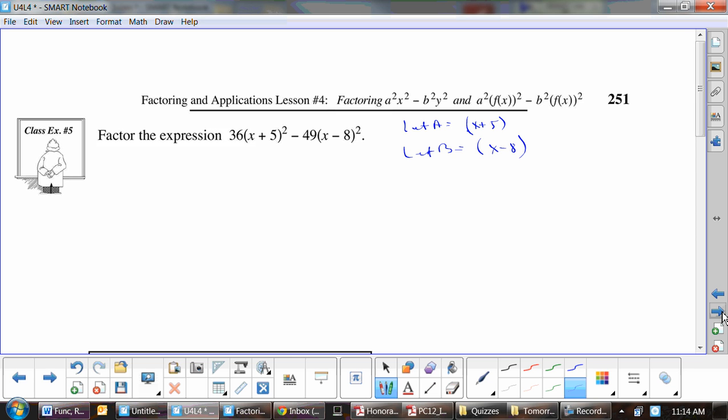Okay, so then it is 36 a squared minus 49 b squared. Okay. So this one, what would I factor this one, Chelsea? What would it look like?